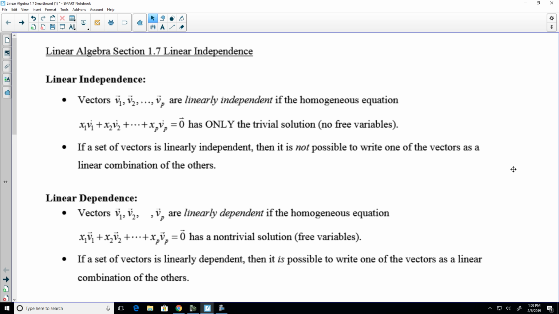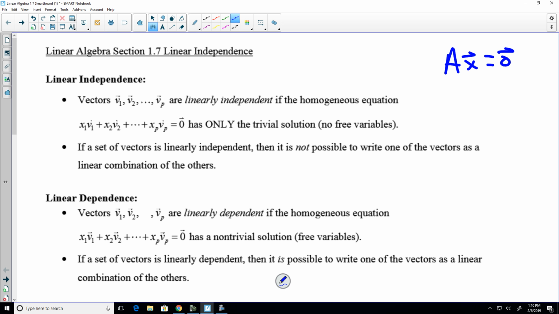equation, what is a homogeneous equation? Well, here it's written as a vector equation where I have these vectors in a linear combination where the coefficients x1, x2, all the way up to x sub p are the weights, and we wrote it in our last class as a matrix equation, and it's homogeneous if the right side is the zero vector.